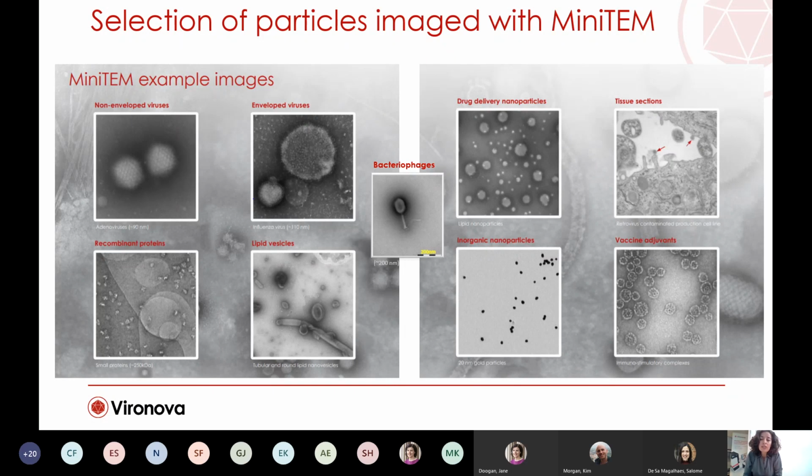We can look at gold nanoparticles as well, and vaccine adjuvants. And when I did this presentation, I saw that I didn't have bacteriophages in there, so I put that in. So we can also look at bacteriophages, which I really like looking at. I think they look really nice and cool, and we can do some very nice measurements on bacteriophages. So a whole range of samples can be imaged with TEM.